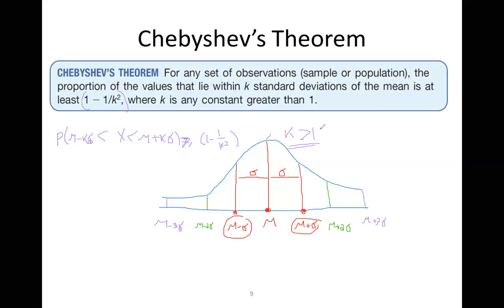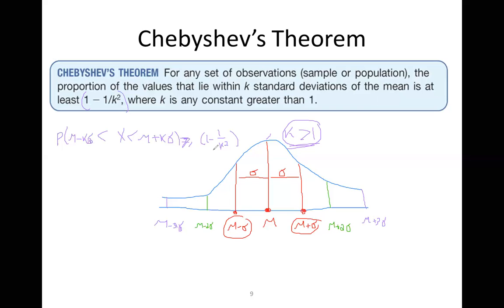If k is less than 1 or equal to 1, the result will be 0 or negative, and a probability cannot be negative. If k equals 1, 1 minus 1 over 1 equals 0, and it will be negative if k is less than 1.